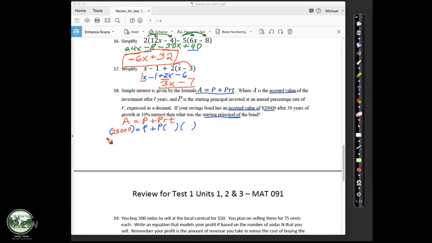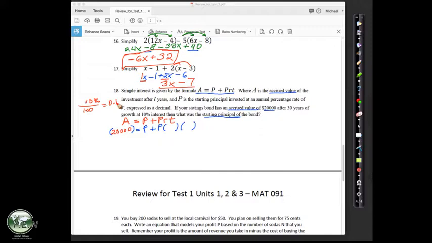And you'll see that the parentheses will just come off, but I wanted to show that I'm plugging it in. P, I'm not going to plug anything in because that's what I'm looking for. Did they give me an interest rate? 10%. How do I write that as a number? If you have 10%, you divide it by 100, and that has the result of moving the decimal over 2 places.